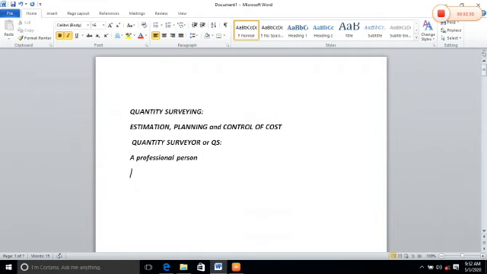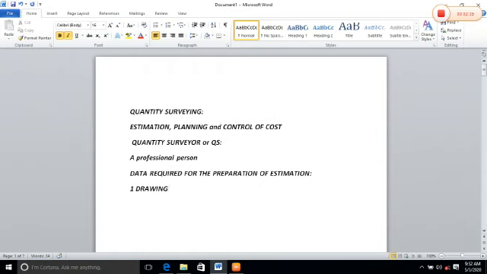Okay, now the second topic is data required for the preparation of estimation. So generally we need three things. Number one, drawing.